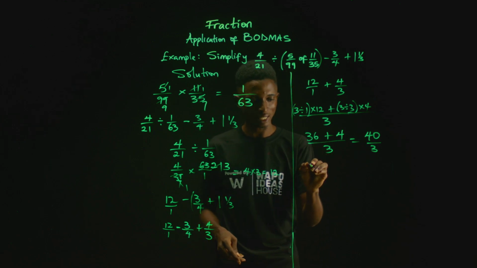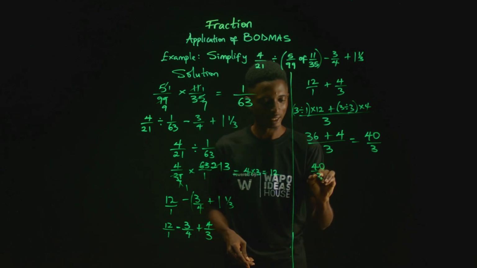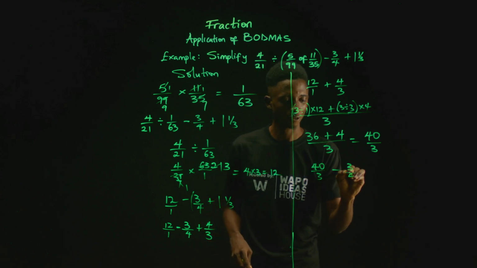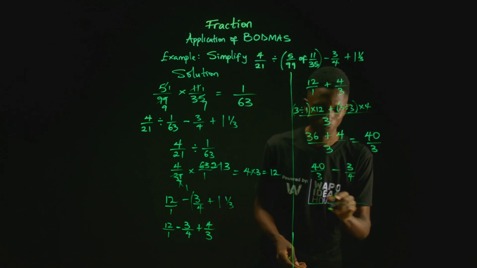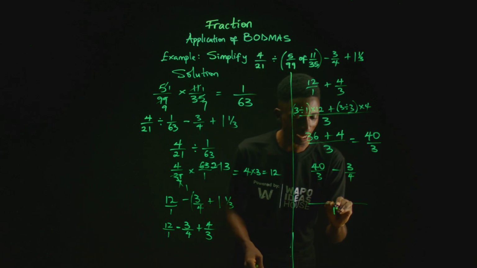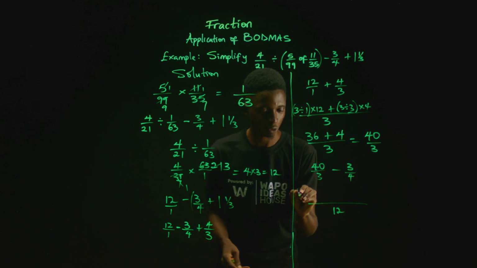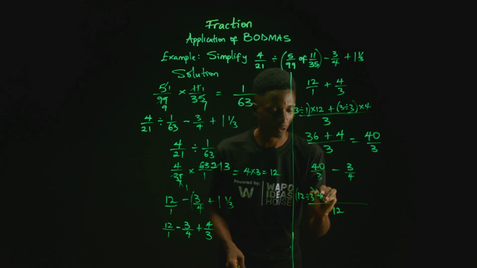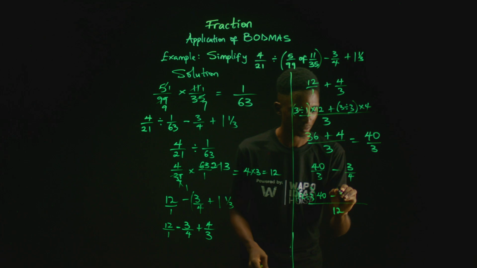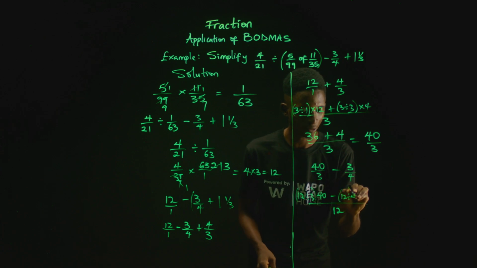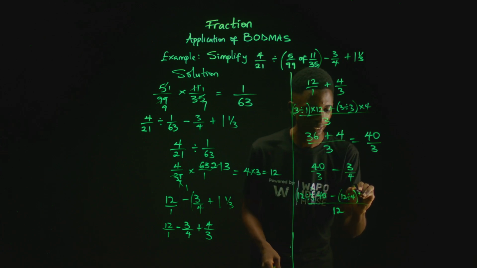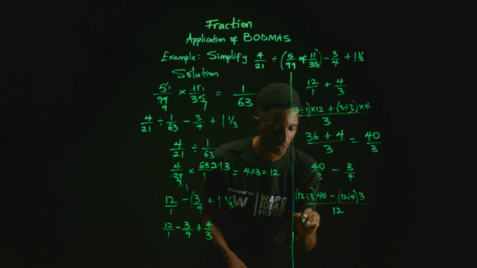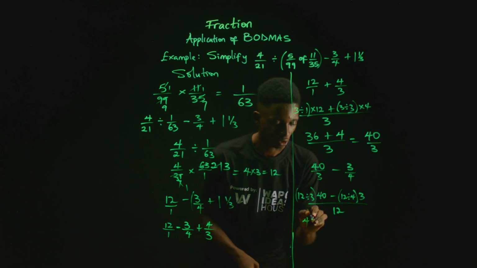Therefore, the expression is now 40 over 3 and then minus 3 over 4. So let's solve this part now. If we take LCM, we have 12. So that is, we'll have 12 divided by 3 multiplied by 40 minus 12 divided by 4 multiplied by 3. And when we do this, 12 divided by 3 will give us 4.